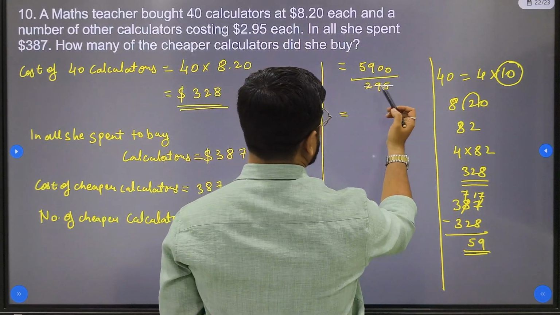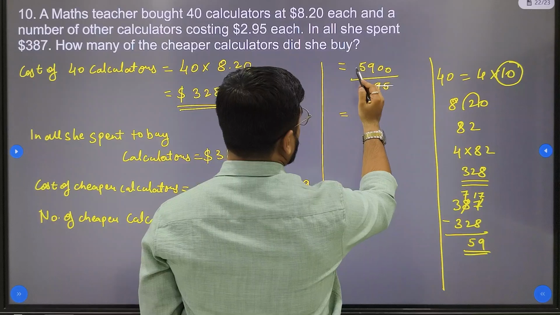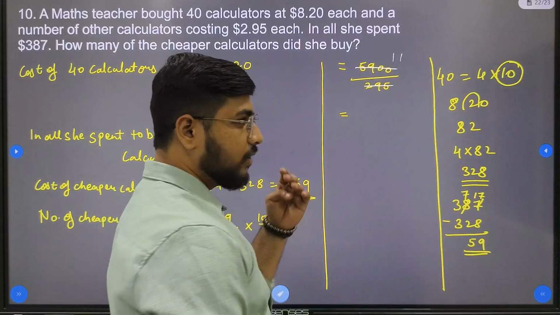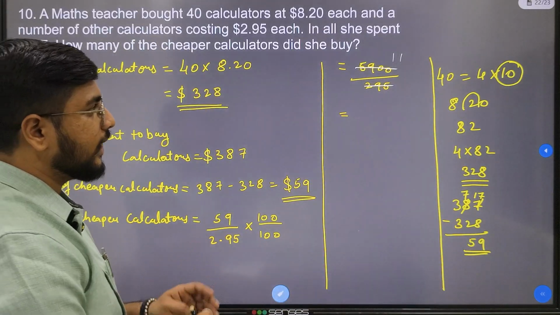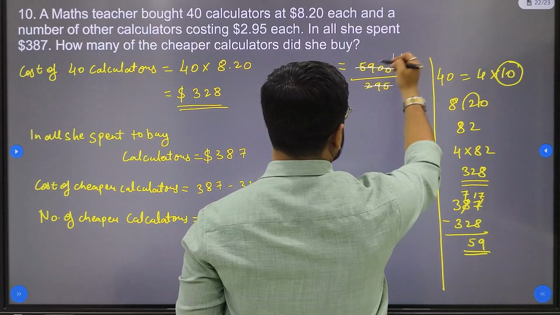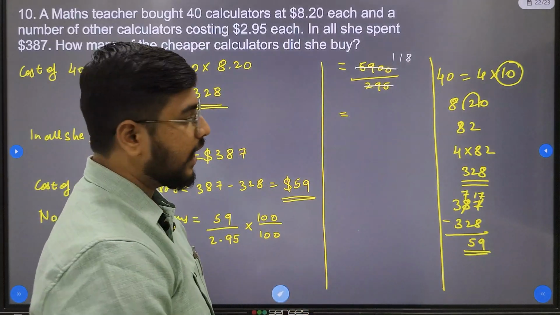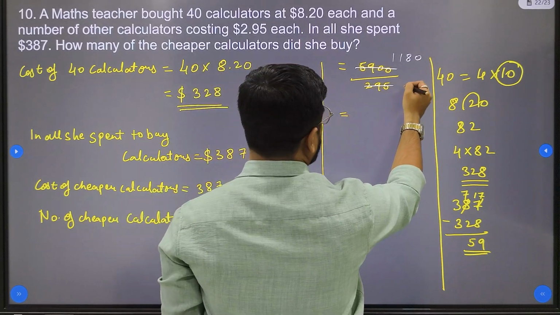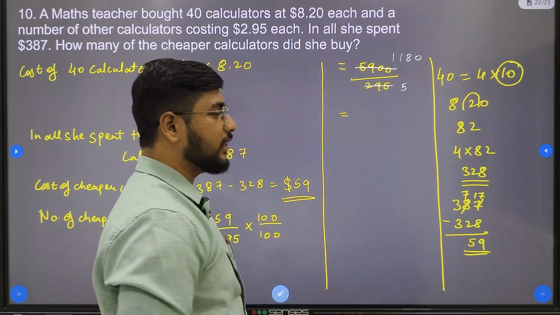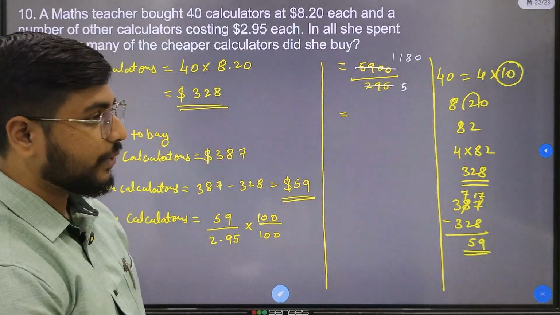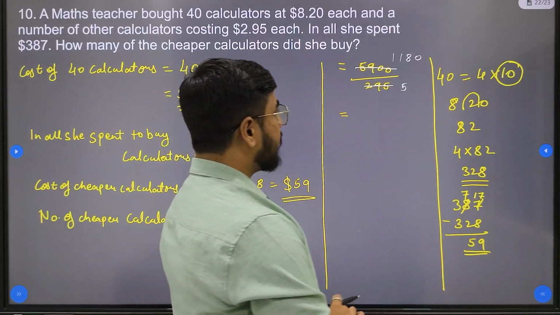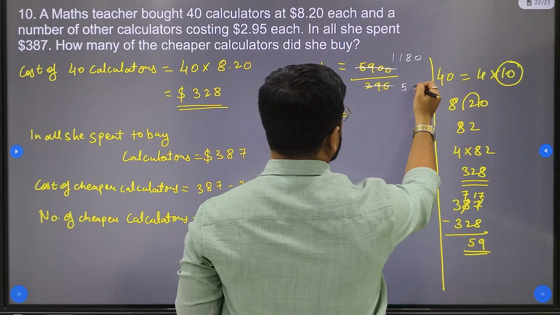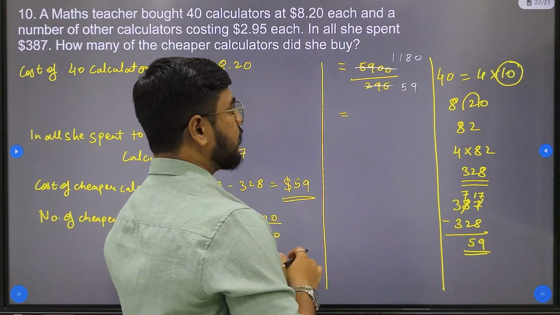So let's divide them both by 5. 5 into 1 is 5, 5 into 1 is 5, 9 minus 5 is 4. So 4 and a 0, that is 40. So 5 into 8 is 40 and 5 into 0 is 0. In the denominator, 5 into 5 is 25. 29 minus 25 is 4. Next number we have is 5. So 45. 5 into 9 is 45.